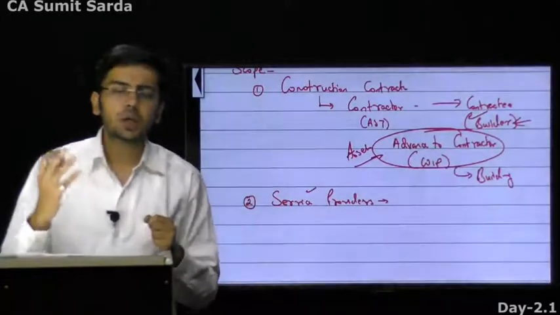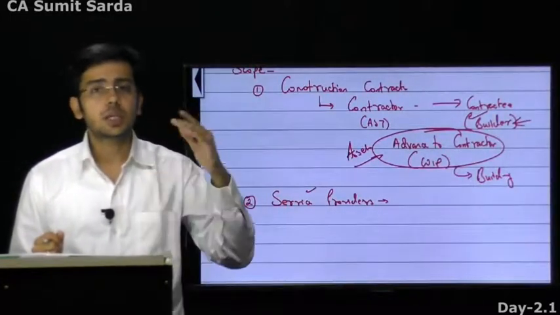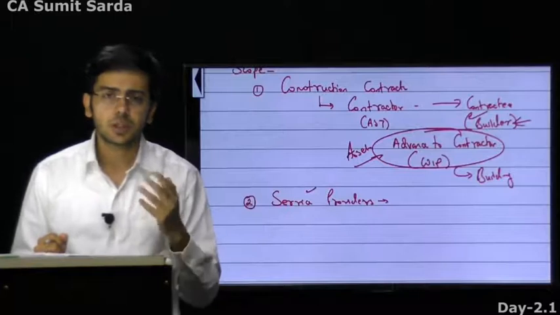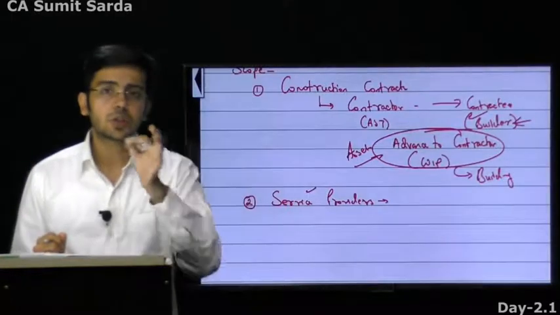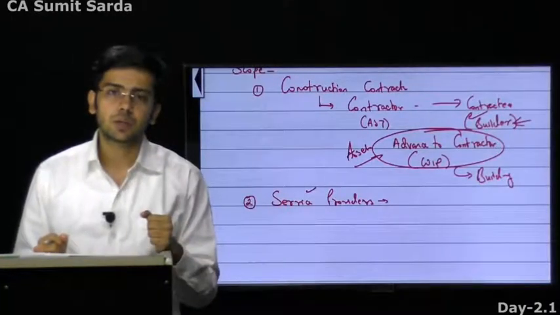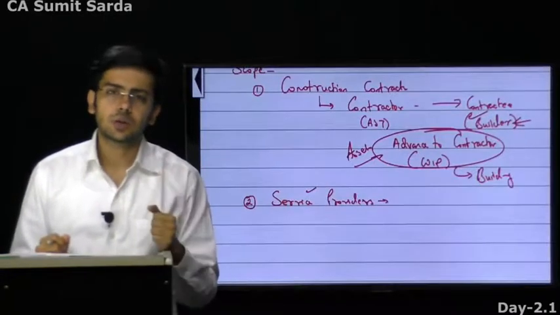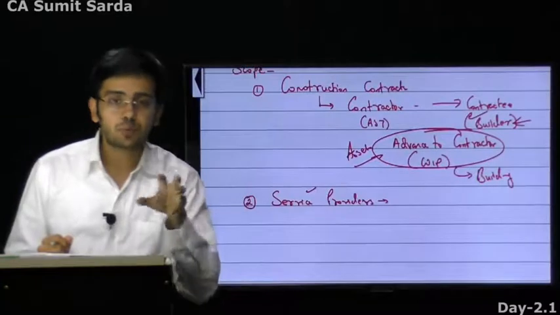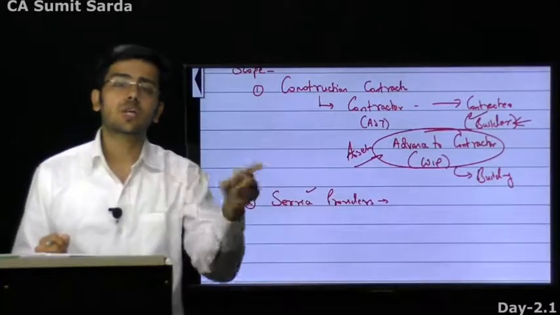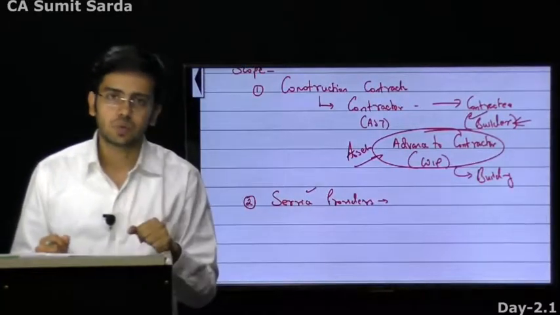We have studied this in AS9. AS9 says that when the service is completed, revenue can be recognized. So half of the service has been provided by the auditors. This half provided service cannot be classified as inventory under AS2.